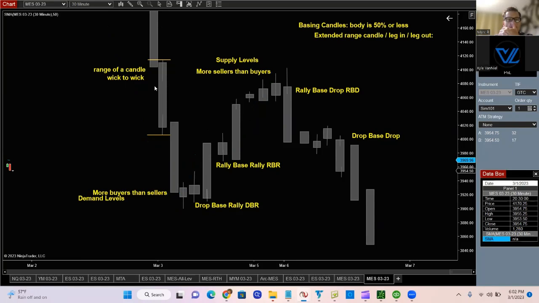So candles move, price is moving down. It hits something over here to the left. We don't know what. It's not relevant at the moment. It bases, it moves up. So leg in, base candles, leg out. Leg in, base, leg out, leg in, base, leg out. Which is the leg out here?